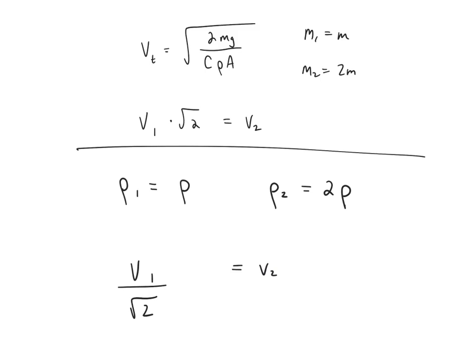What am I doing? I'm literally putting in 2 rho right here. And by putting in a 2 rho and thinking about what's happening to v, I'm doubling the denominator, but it's under a square root. So it's like putting a 2 in the denominator, but underneath the square root. And physically think about what's happening.